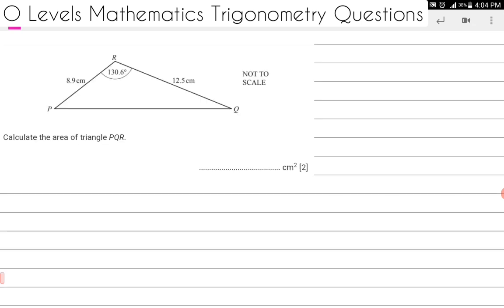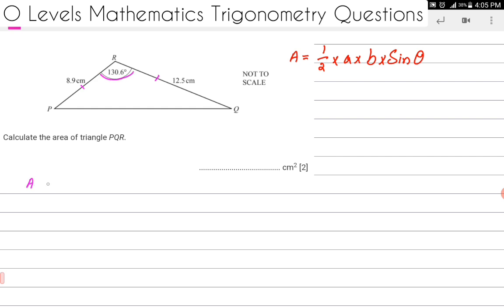Okay, here is another question, and we need to find the area of this triangle. By the way, for the area of a triangle, we know that its formula is 1/2 into A into B into sine of theta, right? So area is equal to 1/2 AB sine theta. Here you go. These are two sides given, and this is the included angle.